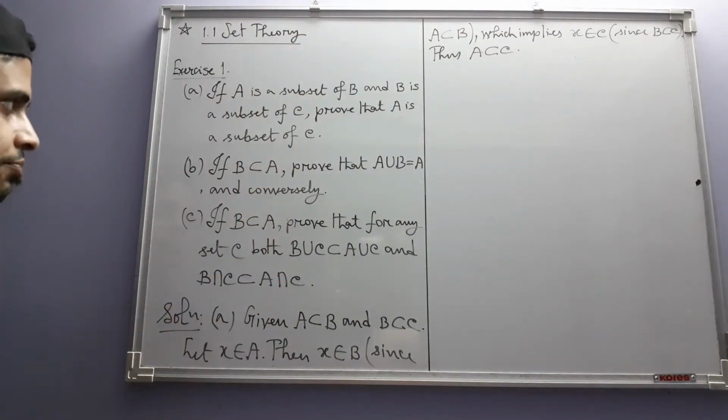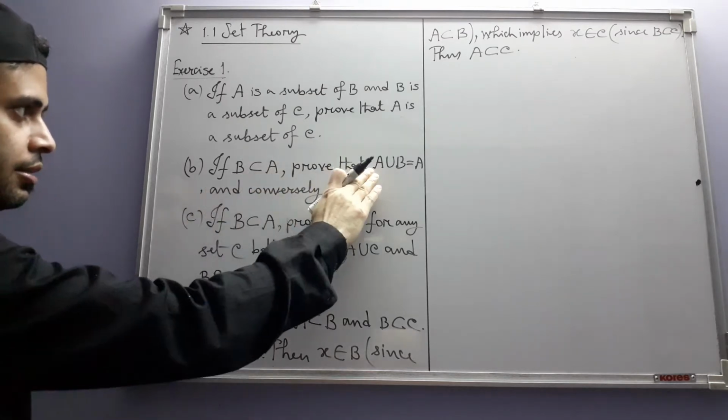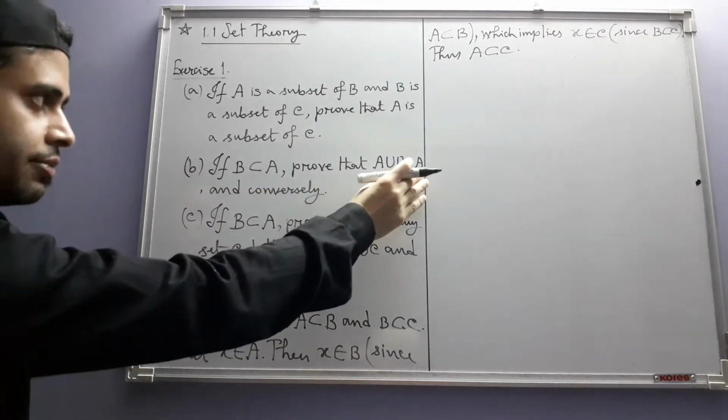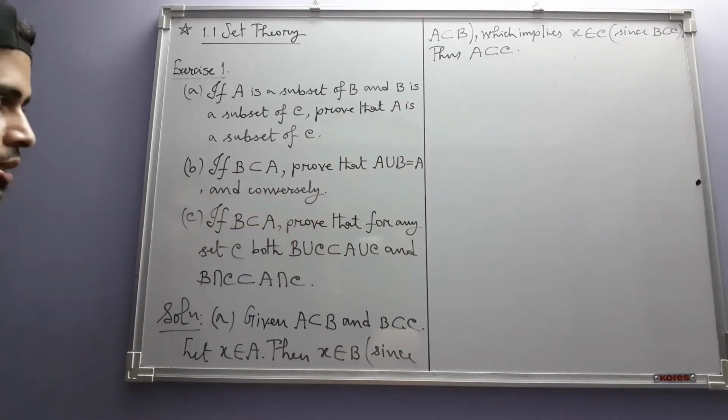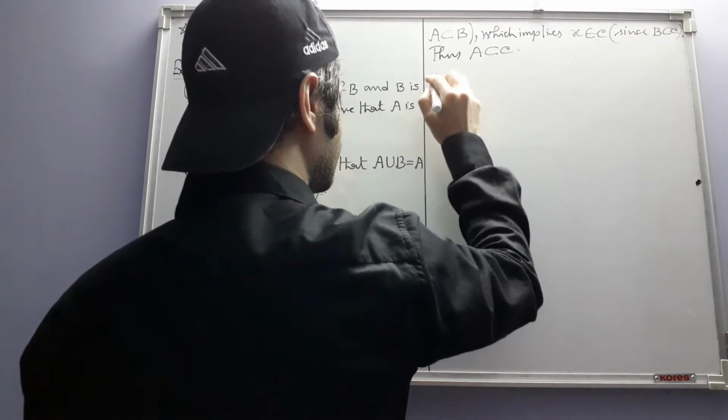Then part B. Here we have to prove that if B is contained in A, then this is true, and conversely, if this is true, then B is contained in A. So we have to prove both things.